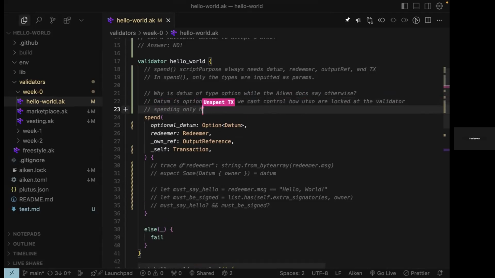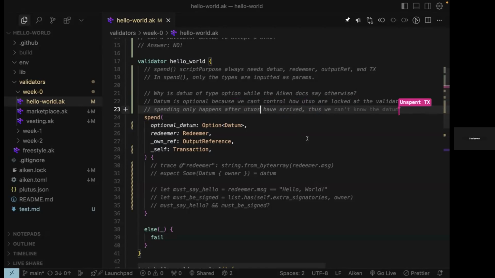Spending only happens after UTXOs have arrived, have been locked at the address. Yeah, spending only happens after UTXOs have arrived.